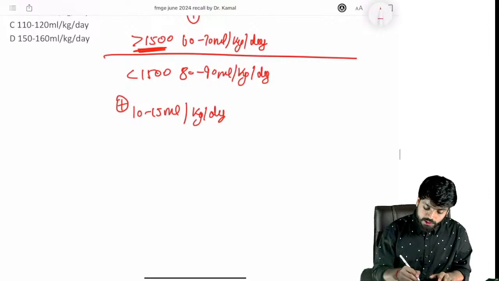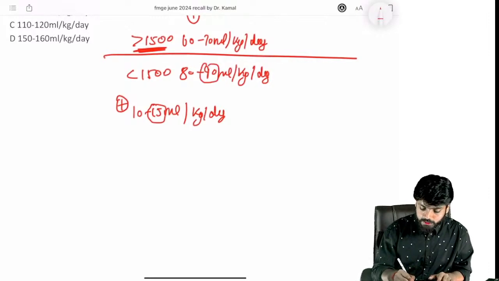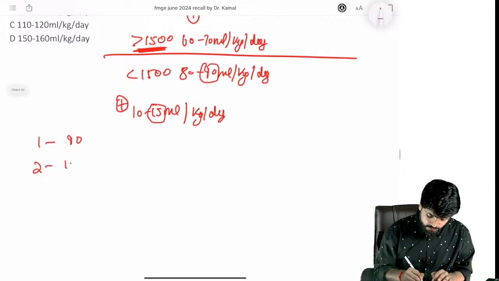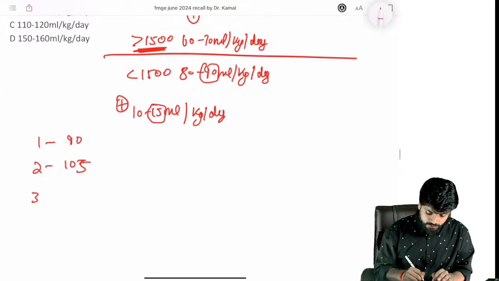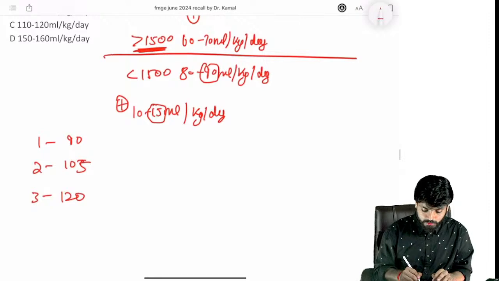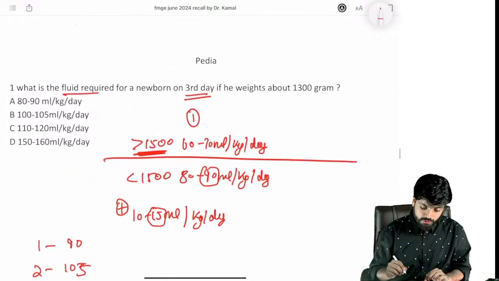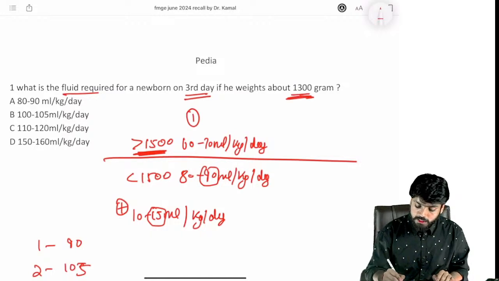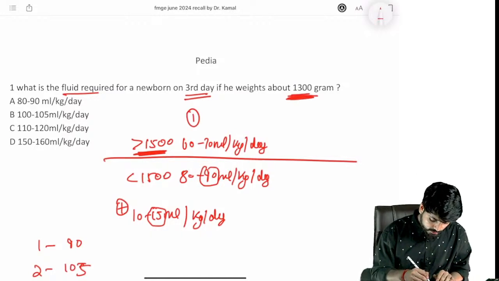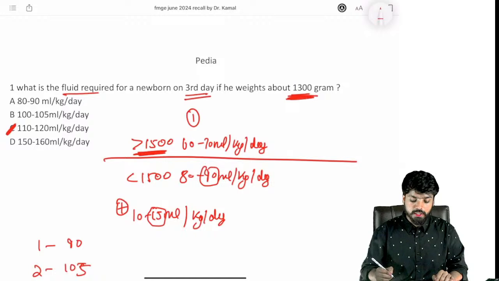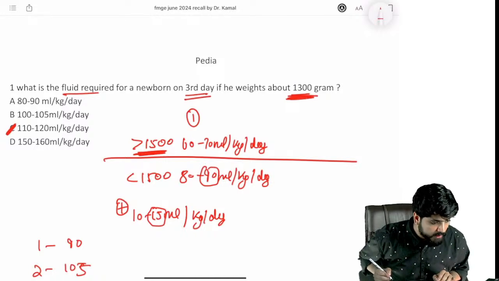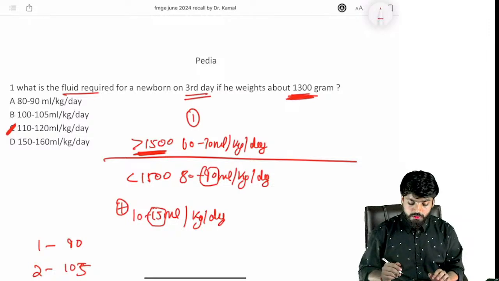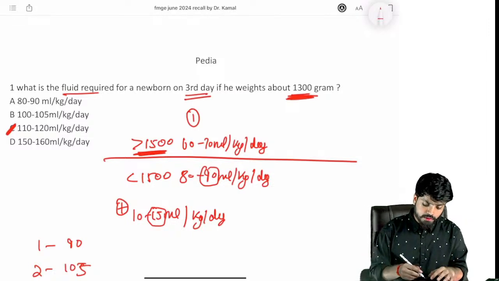So if we go for the higher limit like 90, first day it's 90, second day is 105, third day it's going to be 120. So the fluid required for a newborn on third day if he weighs less than 1500 is 110 to 120.